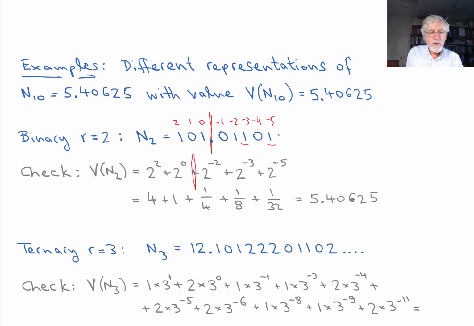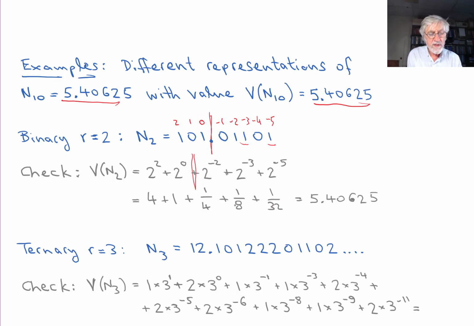And we can compute that value and verify that it's indeed what we want it to be. By saying 2 to the 2, that's 4. 2 to the 0 is 1. Then 2 to the minus 2, that's 1/4. 2 to the minus 3 is 1/8. And 2 to the minus 5 is 1/32.